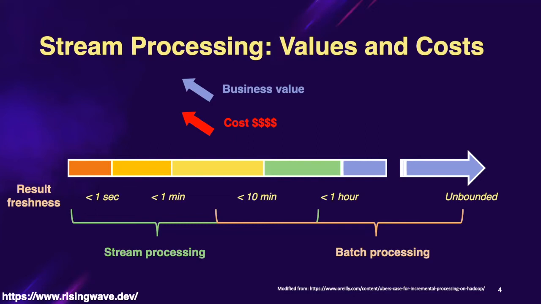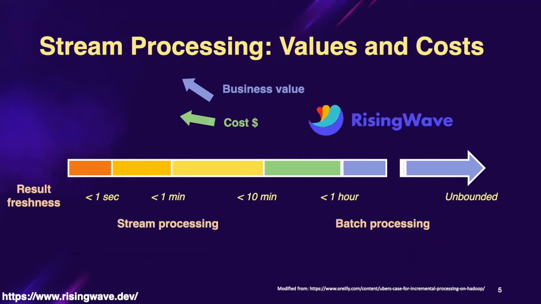So basically, you need to store possibly a huge amount of data, in memory or on disk. That incurs a lot of cost. So for RisingWave, one of the objectives is to bring the cost of stream processing down. This is the major motivation for why we designed the system.